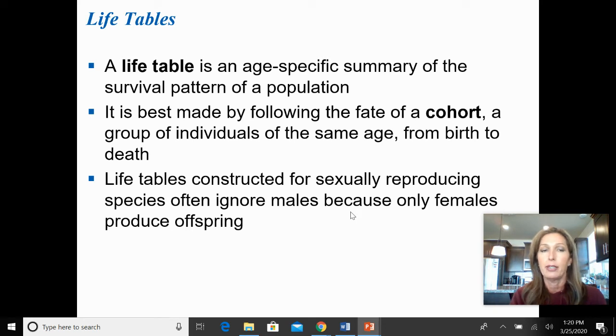Through life tables we also see whether this is a stable population, a growing population, or a population that happens to be in decline. You look at the number of reproducing females in order to determine that.